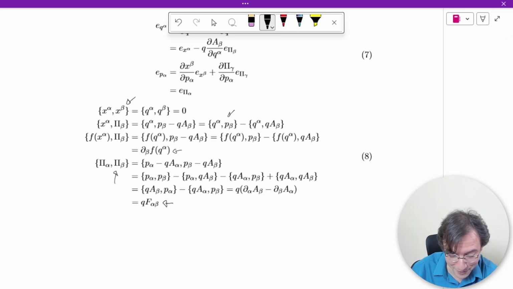So the force field, in terms of Poisson brackets, is just the Poisson bracket of kinetic momentum and kinetic momentum. So you see that this electromagnetic force field comes pretty naturally when you look at the geometry of classical mechanics.